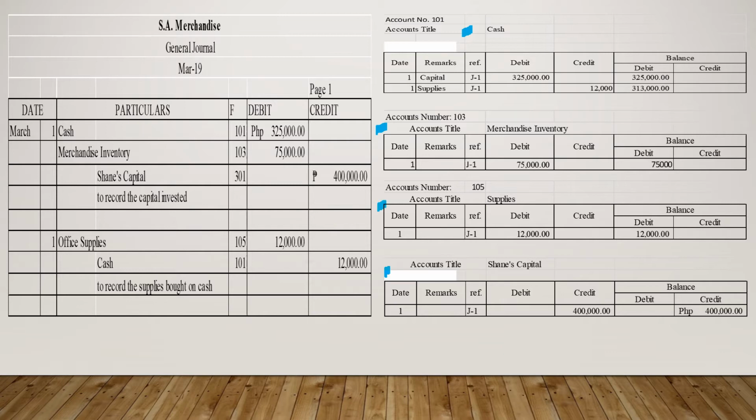Ang arrangement ng general ledger is according din po dun sa ating three major elements. Nauna muna ang asset, sumunod ang liabilities, and then followed by the capital. Siyempre, una ang fixed asset, followed by current asset, fixed liability, current liability, capital, drawings, income, and then expenses.